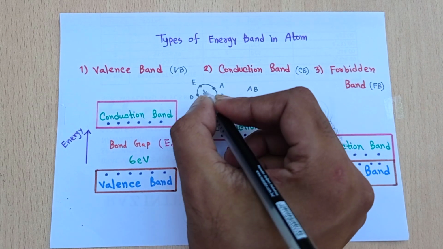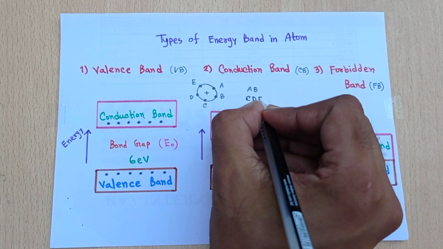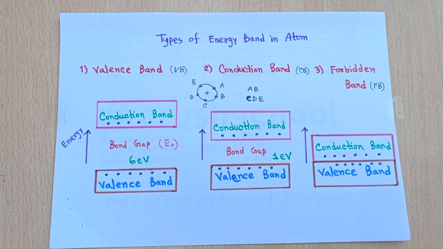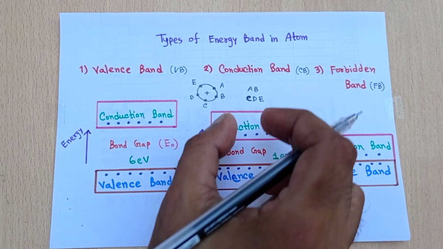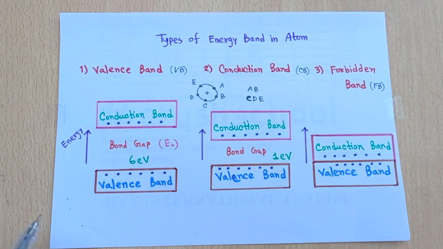So suppose among these electrons, C, D, and E, the rest of the three electrons have a good, higher energy, so they can go from one atom to another atom, and this higher energy stored by these electrons, this energy level or energy shell, is called the conduction band.